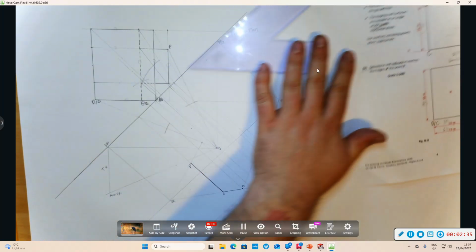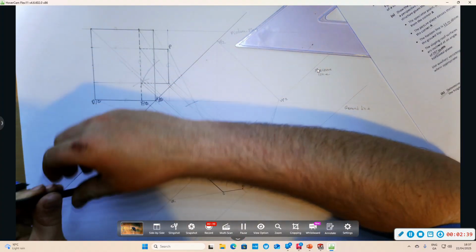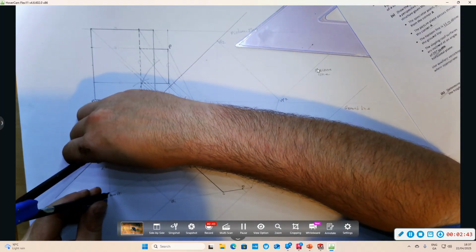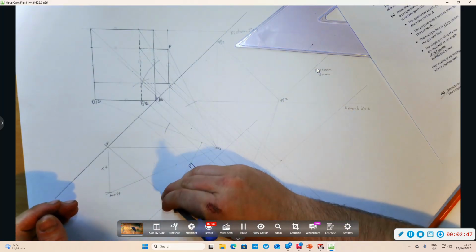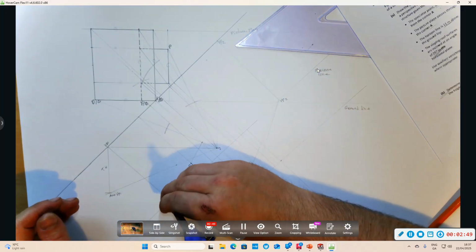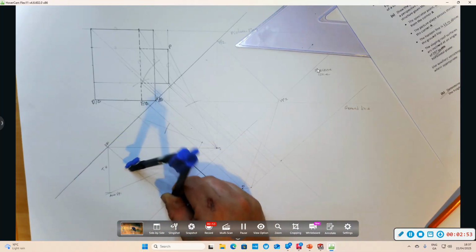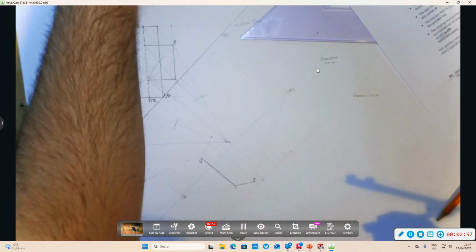So we're going to take that distance with our compass. And we're going to put that below VP1. And I'm going to put it above VP1 as well, because I know I'll need it later. So I put it below VP1. You probably couldn't see that little bit there.